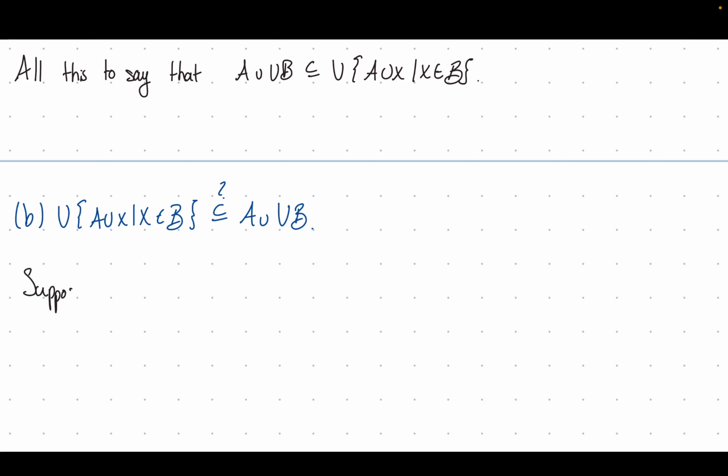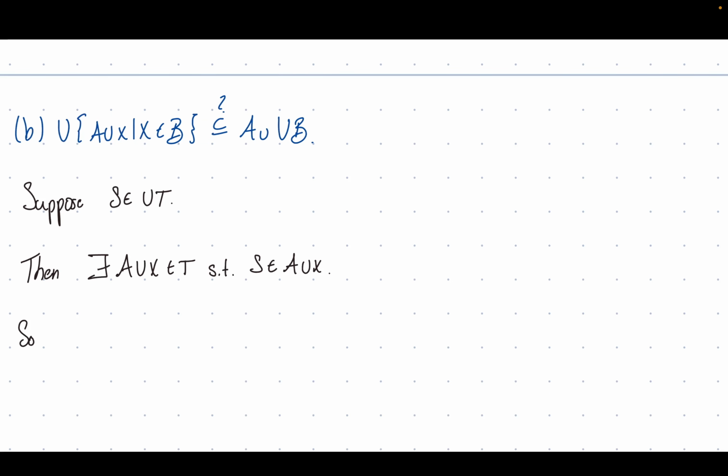Let's suppose S is in the union of T, as usual. Then S is going to be in A union X for some X in B. Or rather, if we want to be super pedantic about it, then there exists some A union X in T such that S is in A union X. So now we can actually spell it out.